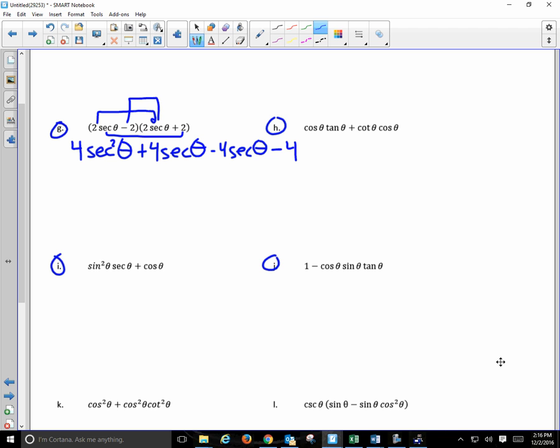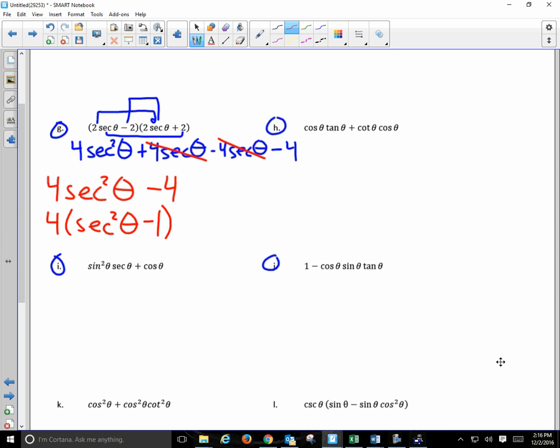What goes away? The middles go away. That's nice. Then I'm left with a 4 secant squared minus 4. Now, when I look at this, I'm kind of happy because I got a squared, but I'm not used to seeing anything on my sheet that has a 4. Any thoughts what we could do with that 4? Factor it out. Well, I like that because secant squared minus 1 is something on my sheet.